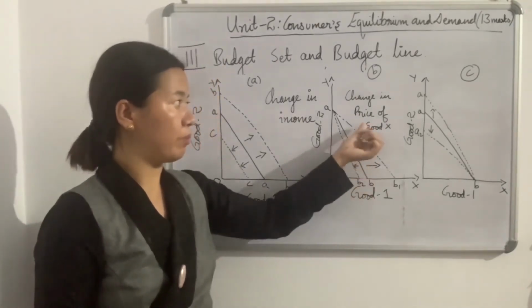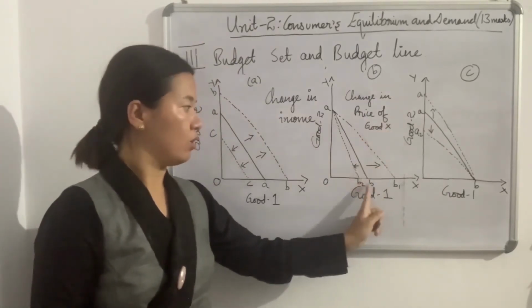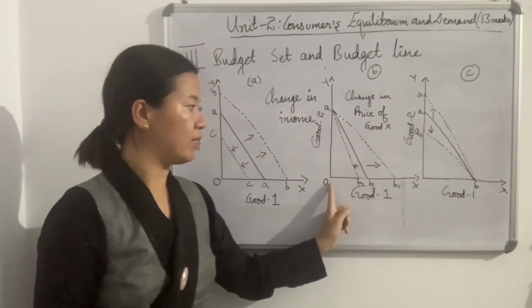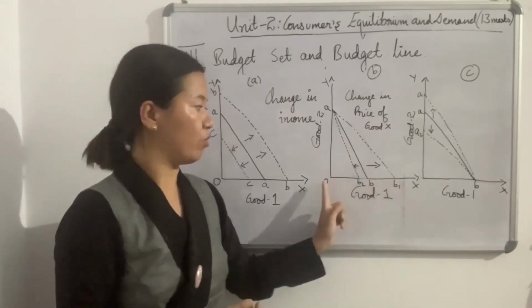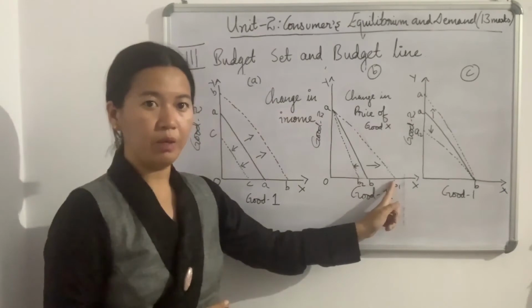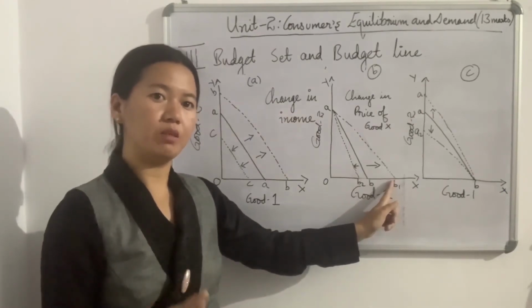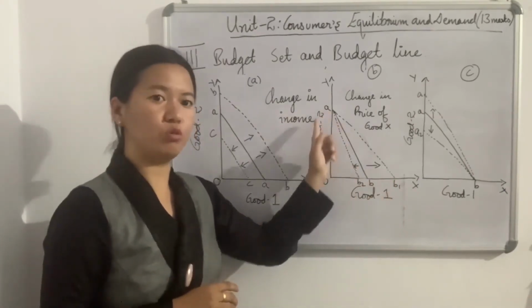Therefore, your budget line will rotate outward, that is, towards the right from OB to OB1, but you'll be consuming the same amount of good 2.